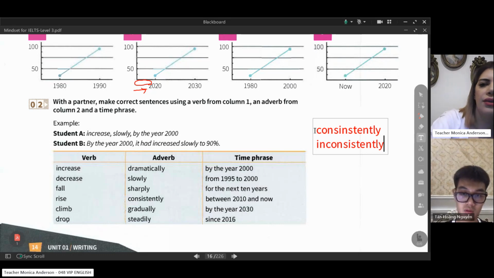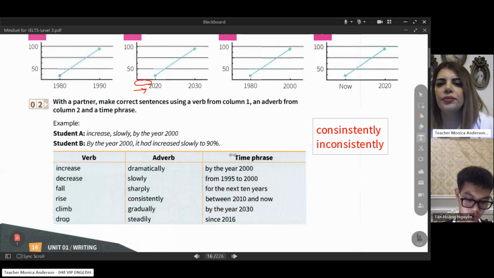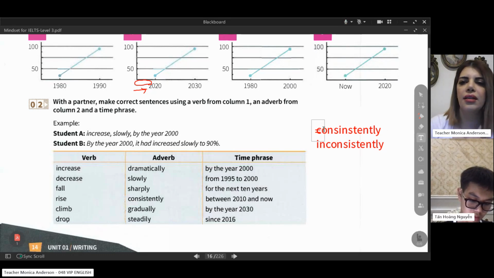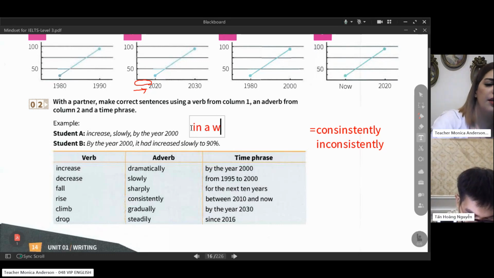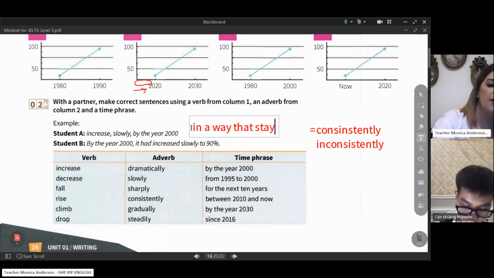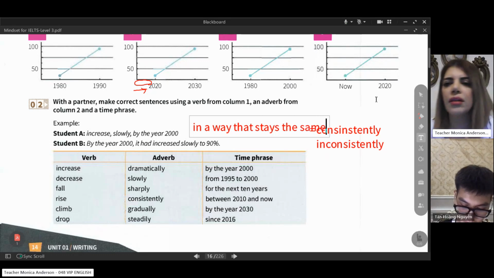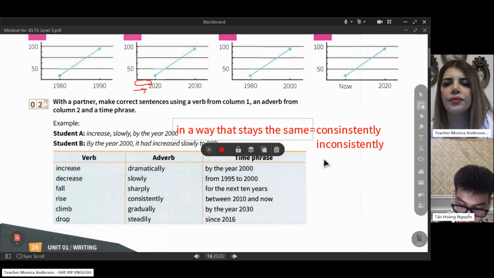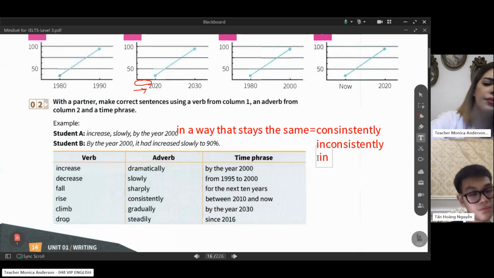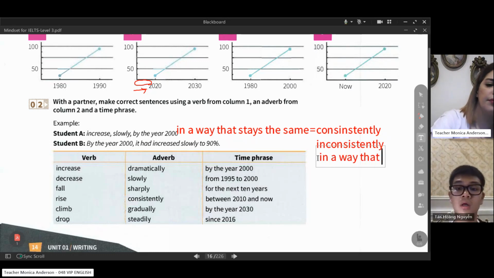Consistently means that it stays the same.